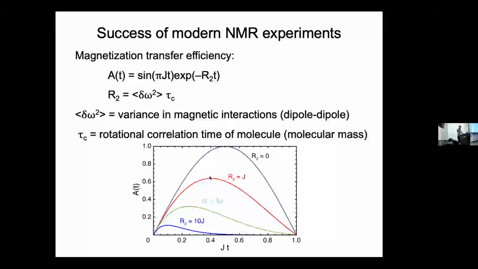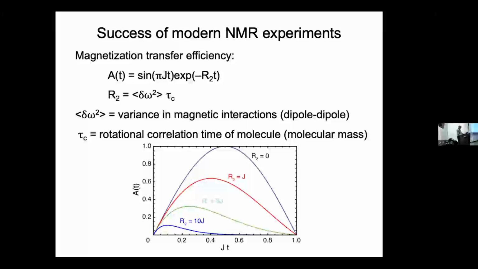Some of it is relaxed away, and that's end of story. And when the relaxation rate gets to be 10 times the J coupling, there's almost no hope. All the signal relaxes away before it can get transferred to the second spin.